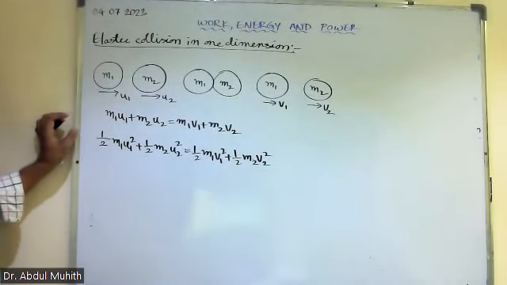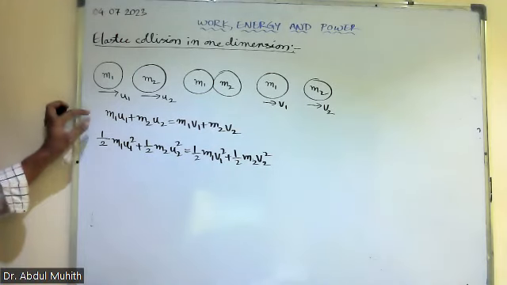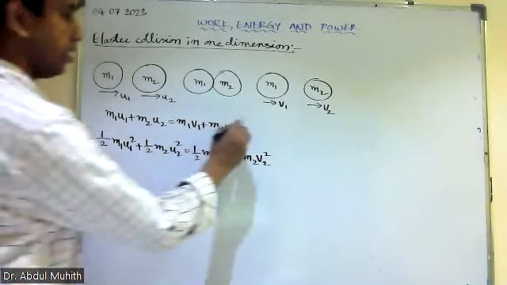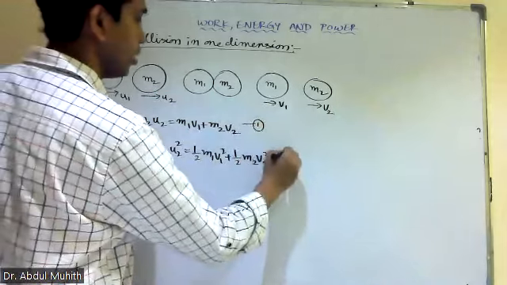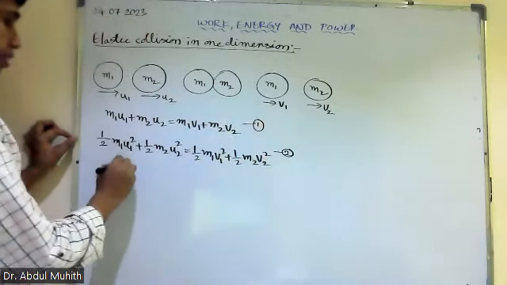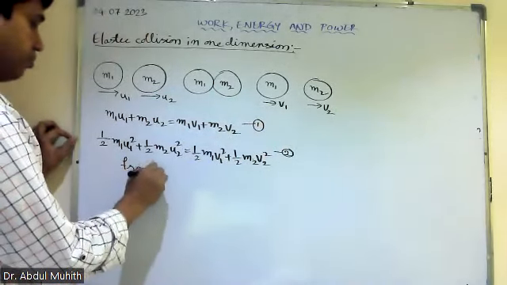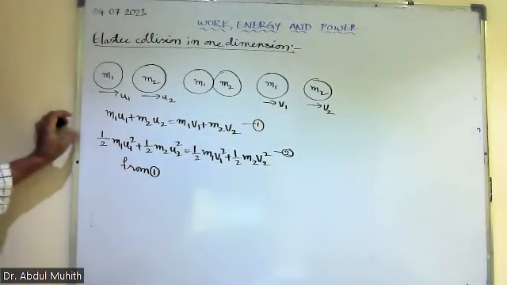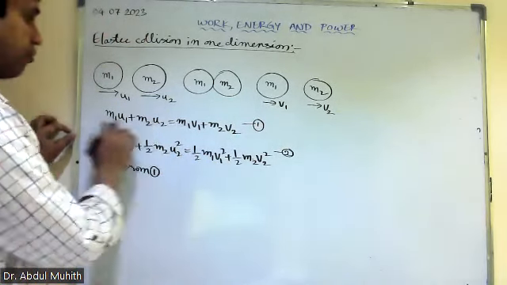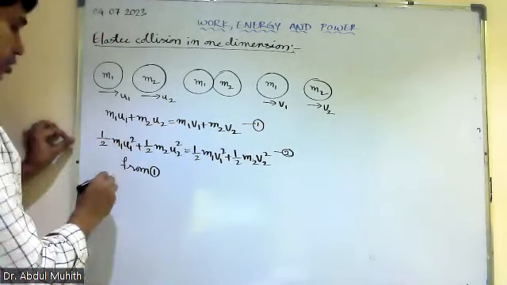Now what we are going to do now? Suppose this is equation number 1, and this is equation number 2. Now I'm going to modify 1. When I modify 1, what do I get? I bring all M1 terms together, M2 terms together.